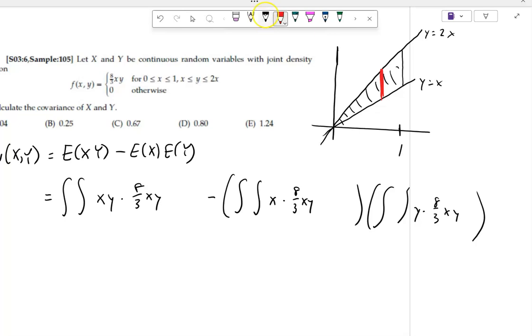So what do your y's range between? x and 2x. That's the y, not a dx. And then what do your x's range between? 0 to 1. And I can do that for every single integral. I don't have to get the marginals first if I don't want to.